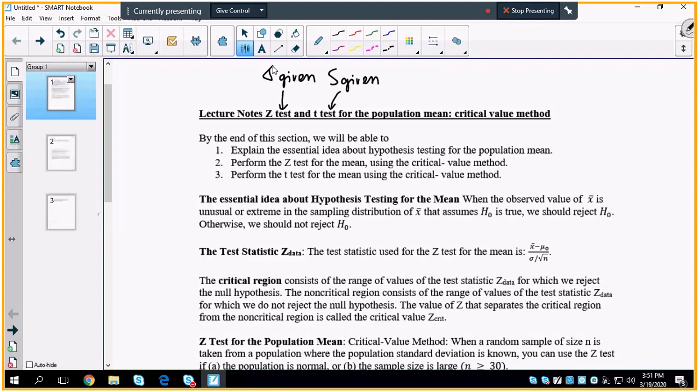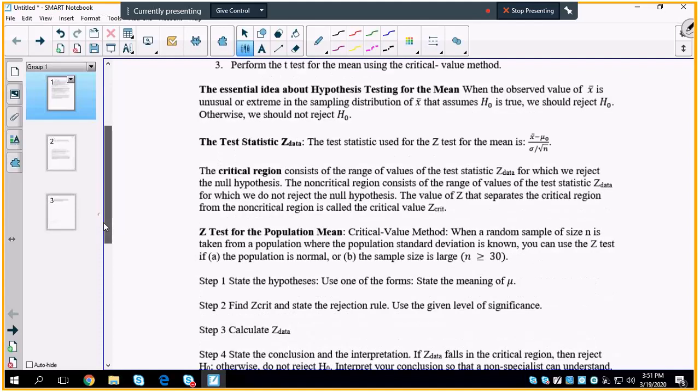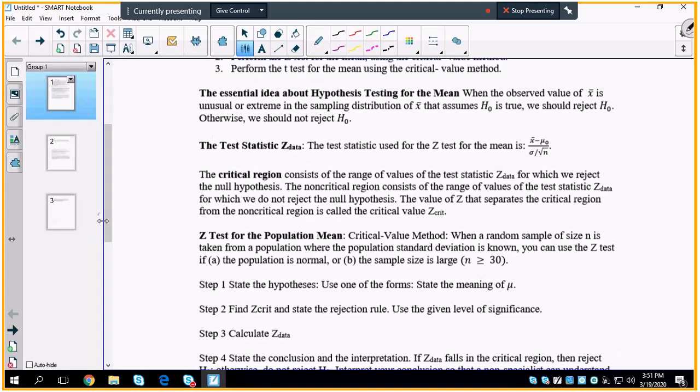So what is the procedure of doing testing? The first information I need to know is called the Z data, the Z statistics. And it is the new mean you found, X bar, minus mu naught, the existing mean, over the population standard deviation sigma over the square root of the sample size n.